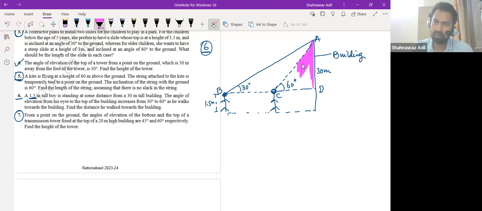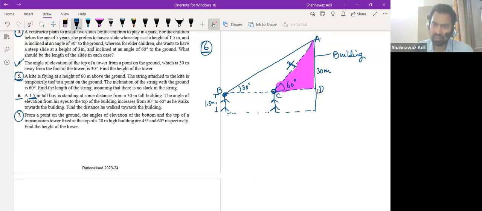Good, so this was Amar's question. This is the first triangle. So let us write the information about this triangle. Do we need this distance? Do we need this one? No, we don't have this.